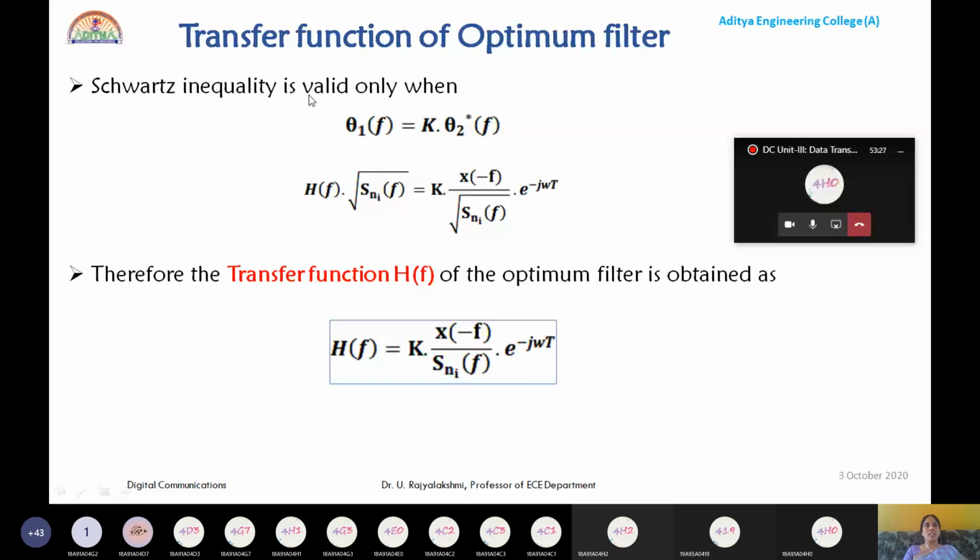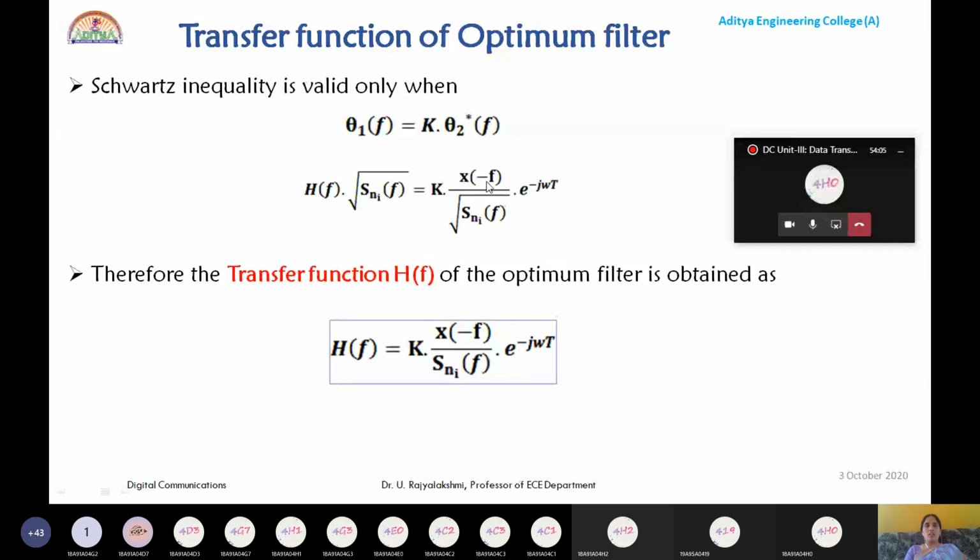We calculated the output SNR using the Schwarz inequality, and it is valid only when theta 1 of f is k times theta 2 star of f. Here star represents the complex conjugate. So what is theta 1 of f? H of f into root Sni of f. What is theta 2 of f? X of f divided by root Sni of f into e power plus j omega t.